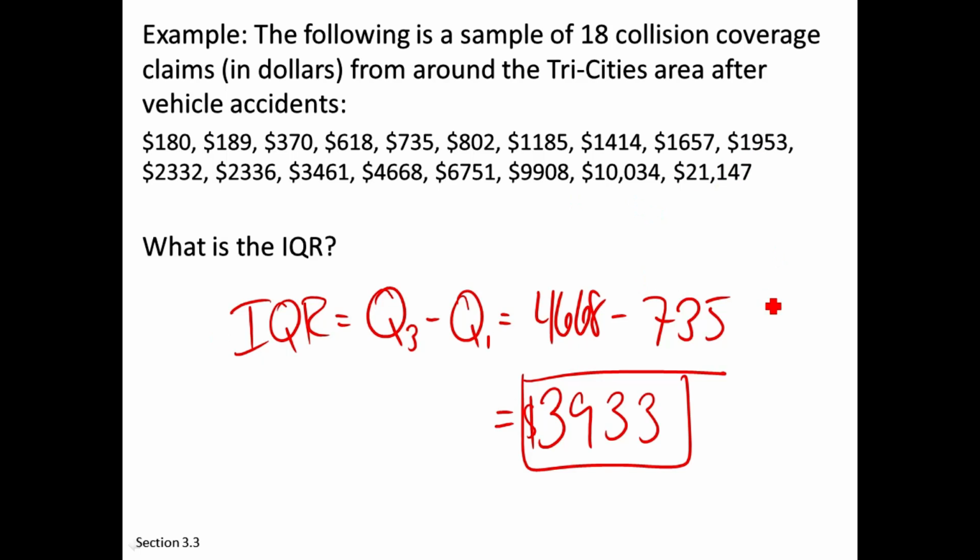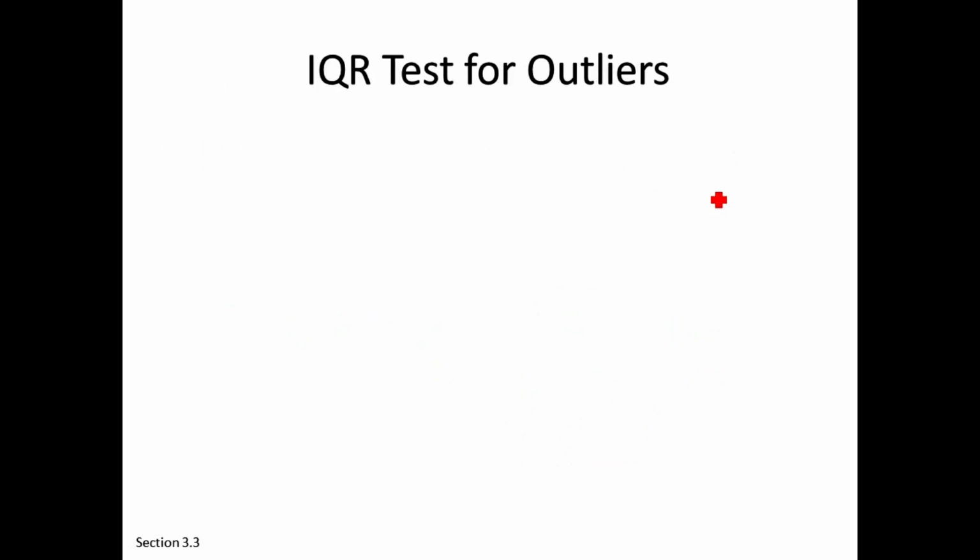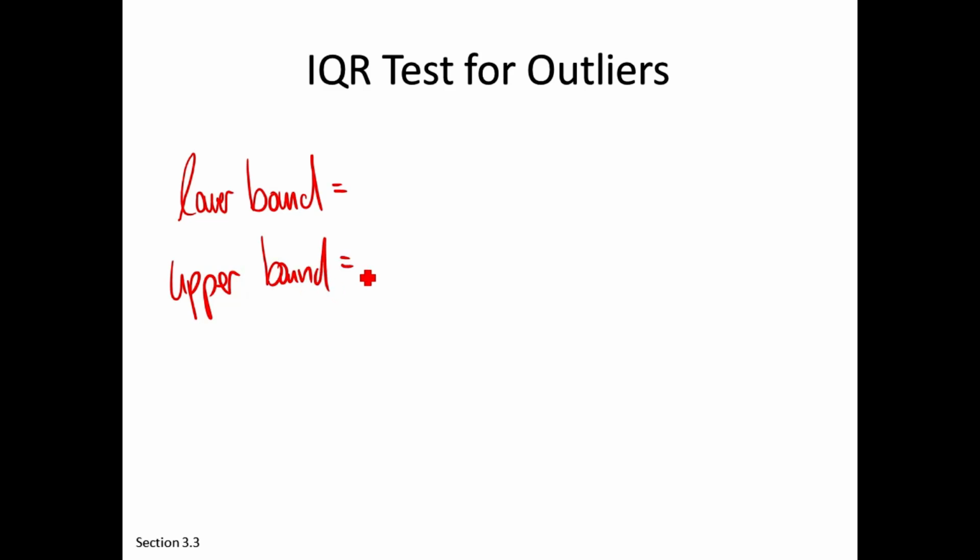And so one thing we can also use the IQR for is to test for outliers. For the test for outliers, we establish some boundaries. What we're trying to do is establish some boundaries that we think are a pretty reasonable area to see data in.